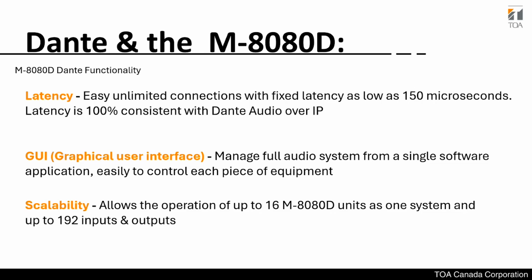You can send any input to any output. And for scalability, once you're using the M8080 with Dante, you can use up to 192 inputs and outputs, which makes it more flexible, and you can use multiple locations for a single system.